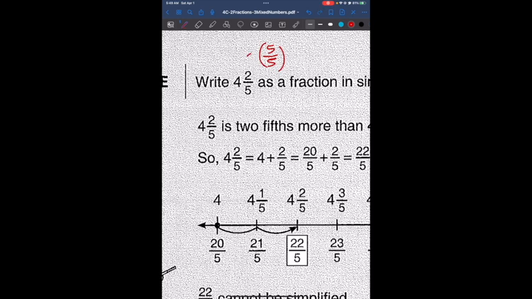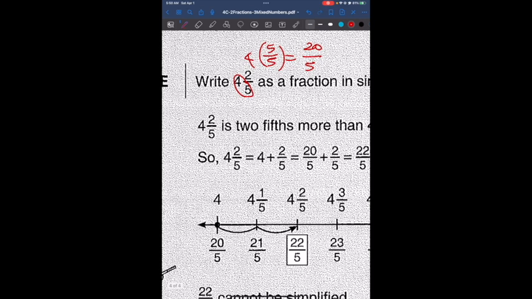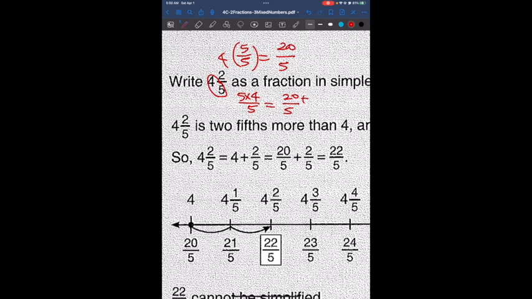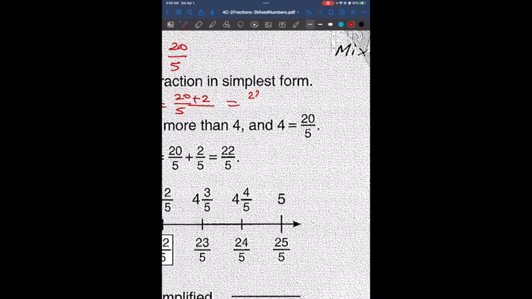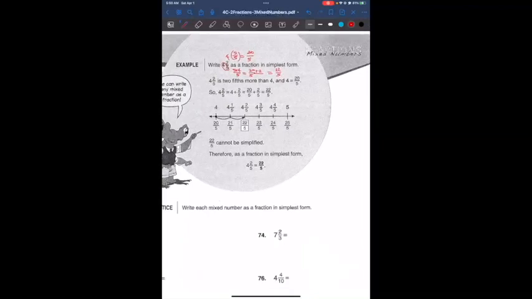Then we have 4, so that's going to be 20/5. And we can write that by multiplying the whole number and the denominator and then placing that over the denominator. So it's going to be 5 times 4 over 5, which is going to be 20/5. And then we add the 2. So that's going to be 22/5 in simplest form.